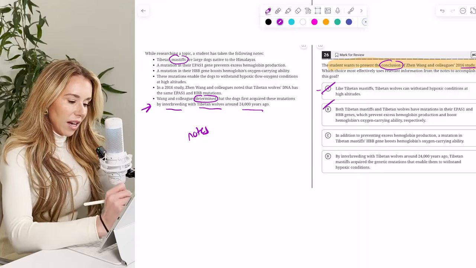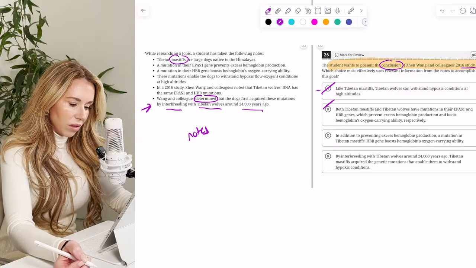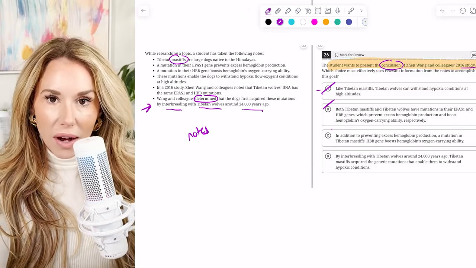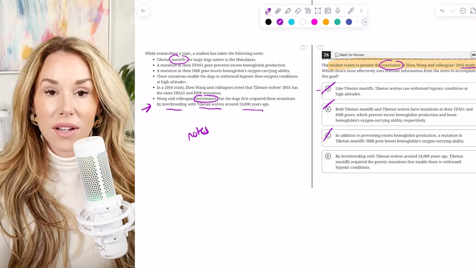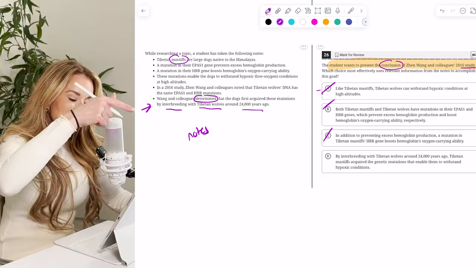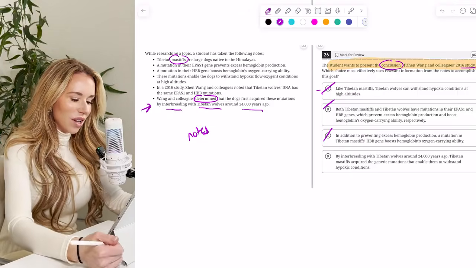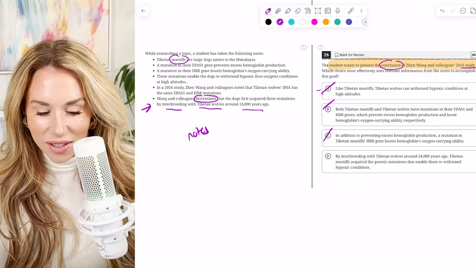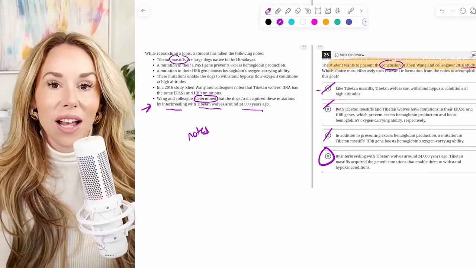None of those say that yet. C says, in addition to preventing excess hemoglobin production and mutation Tibetan mastiffs. Okay, C says nothing about how they came from Tibetan wolves or they interbred with Tibetan wolves. So let's look at D. By interbreeding with Tibetan wolves around 24,000 years ago, Tibetan Mastiffs acquired the genetic mutations that enable them to withstand hypoxic conditions. That sounds like what they determined. That is their conclusion. I'm going to go with D.